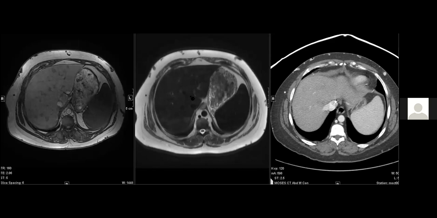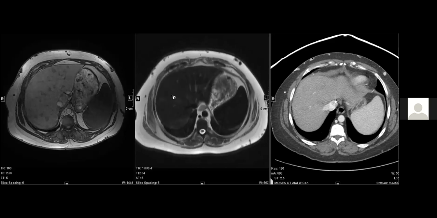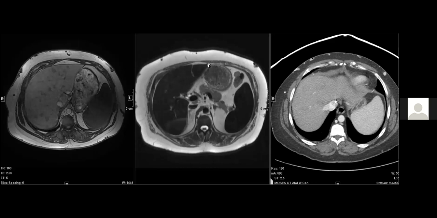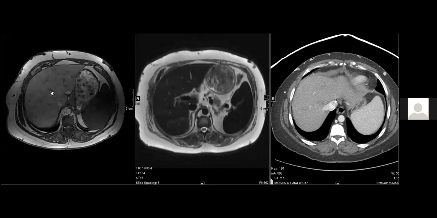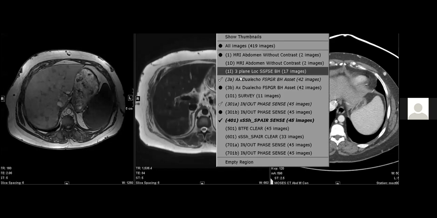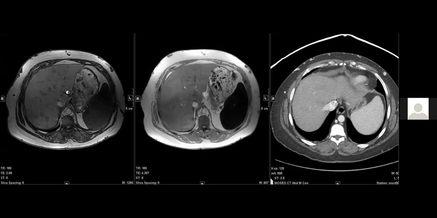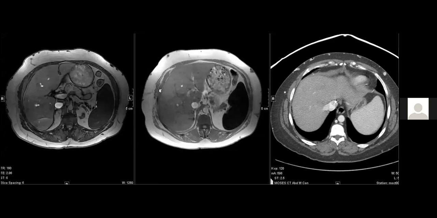But there's enough iron here to drop the background liver on T2 so that all the fatty parts look mildly hyperintense and simulate metastases on T2. So when you put the patient on in and out of phase images on 1.5, you can confidently say all these things are not metastases, they're just fatty nodules. So sometimes physics is helpful.